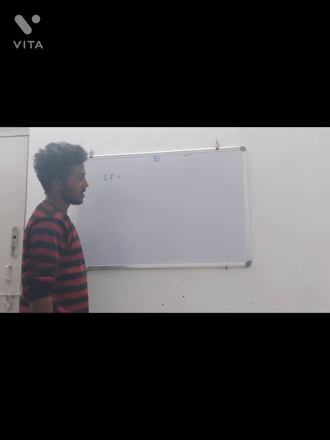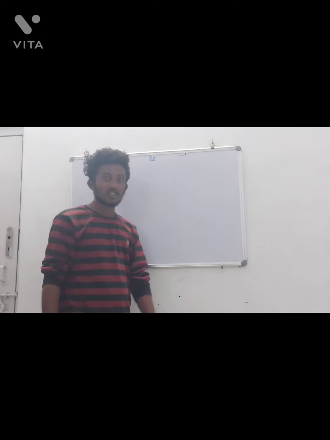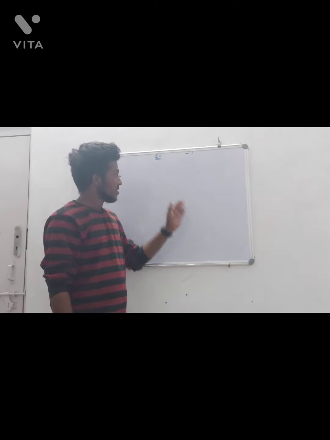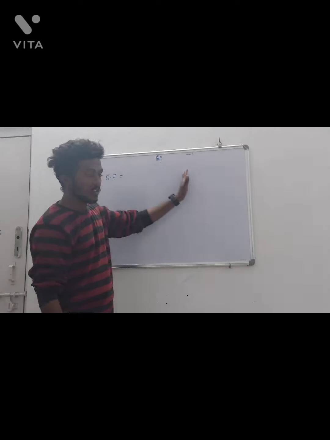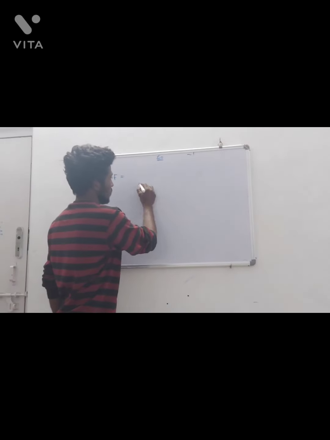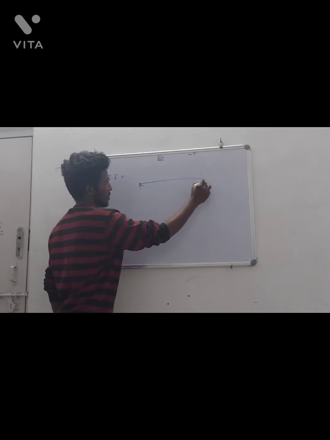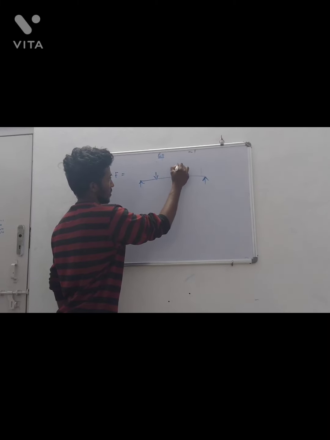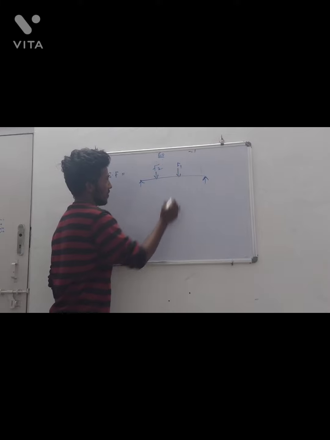Shear force is nothing but the algebraic sum of the forces which are acting either left of the section or right of the section. For example, if you take a simply supported beam, two forces are acting here: one is the F1 force and another is the F2 force.